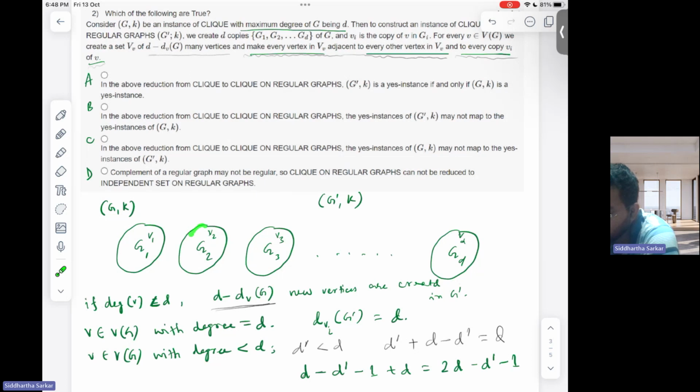And if in the reduced graph there is a k-clique, that implies a k-clique in the original graph also. But if there is a graph which is not regular but contains a k-clique, then the reduction is not correct. We are not in a position to say anything because the reduction does not look correct to me.